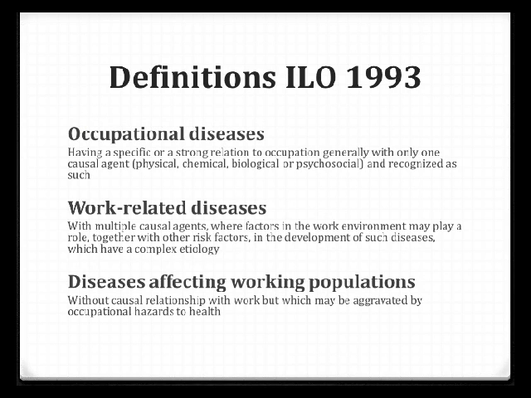So when we think about definitions that are used worldwide, that are established through the International Labor Organization, these were published in 1993 and still stand, so I thought we could use those as our foundational definitions. If we think about strictly occupational diseases, they're diseases having a specific or strong relation to the occupation and generally only have one causal agent, whether that be physical, chemical, biological, or psychosocial, and we'll talk about what those four domains are in a minute.